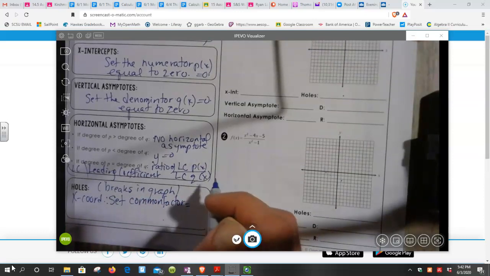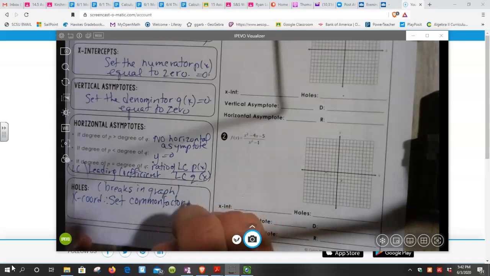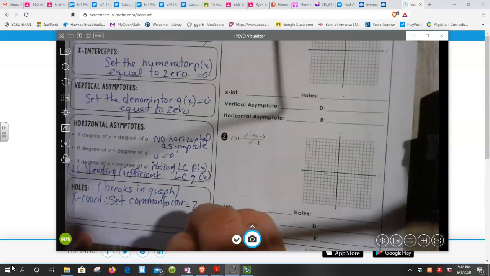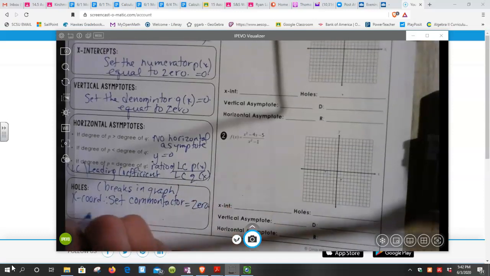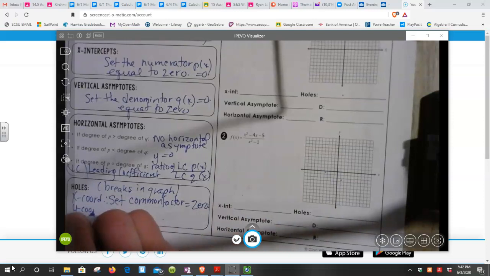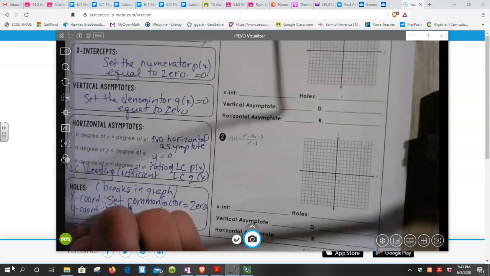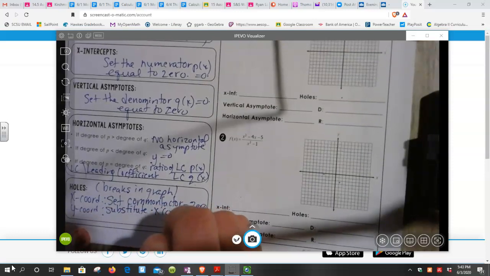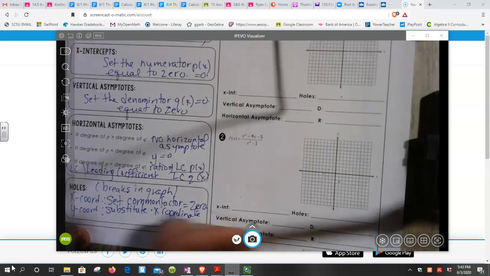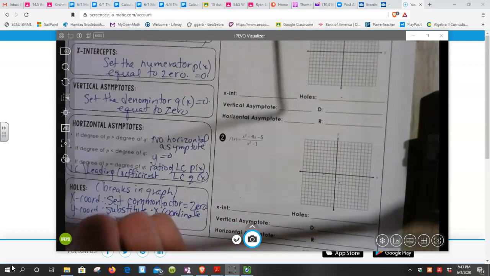We have to have a common factor. If you don't have a common factor, then you're not going to have a hole at all. And the y-coordinate, you substitute the x-coordinate into the simplified function.